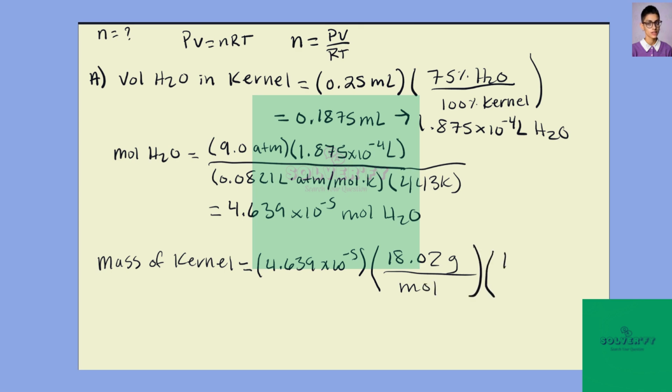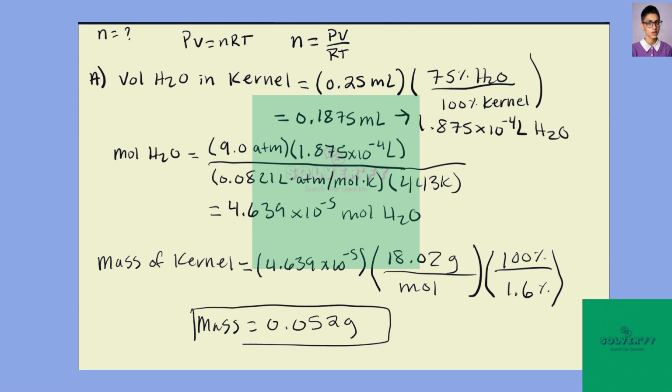And then we're going to times this by 100% divided by 1.6%. They tell us that the content of water by mass is 1.6%, so we're going to have to account for that. So our mass of the kernel, when we calculate this out, is going to equal 0.052 grams. So this is how we find the mass of our kernel.